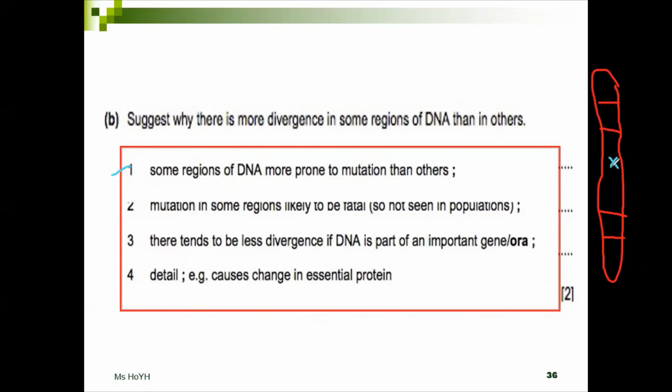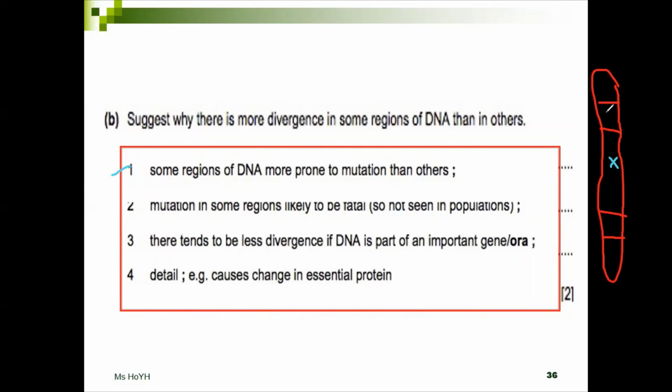No, because it doesn't code for anything, right? So will it affect the organism? No. So the organism will survive and pass it to offspring. This kind of mutation that occurs in a non-important region of DNA can be passed to the offspring, therefore you can measure them.